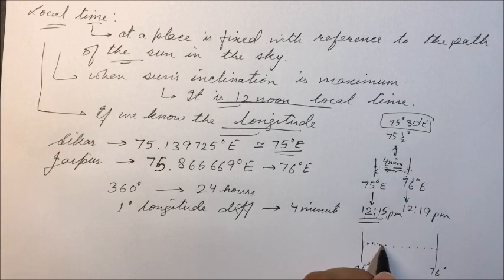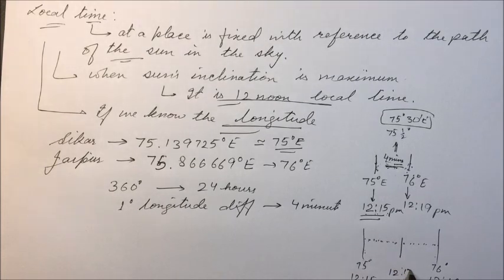At every place in between these two longitudes, there will be a different local time. For example, here it is 12:15, here it is 12:19, here it will be 12:17. In between them, again a 1 minute difference, 12:16, here 12:18. So these are the local times.